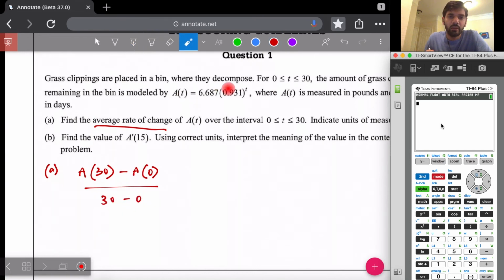And A of 30 is just this entire thing with a 30 for t as the exponent, and then minus the same thing again with 0 as the exponent. So you can type that into your calculator and figure that out. You don't really need to show that if this was a calculator problem. But the simplified value that you get here is going to be negative 0.197 pounds per day.